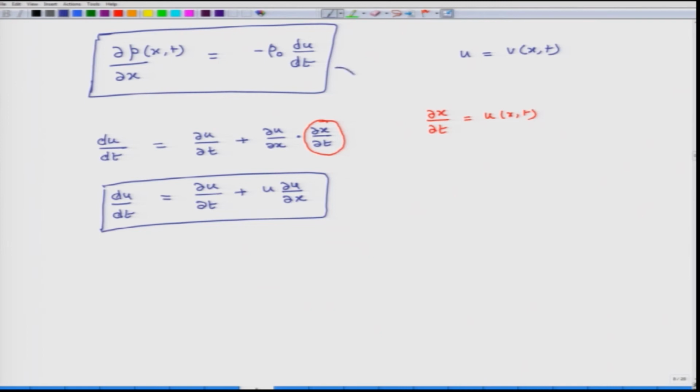So, what I do is I combine these two guys and I get del p over del x equals minus rho naught times (del u over del t plus u del u over del x).